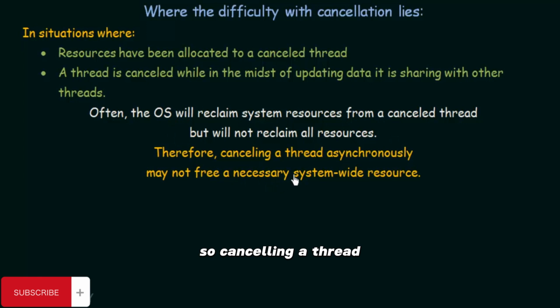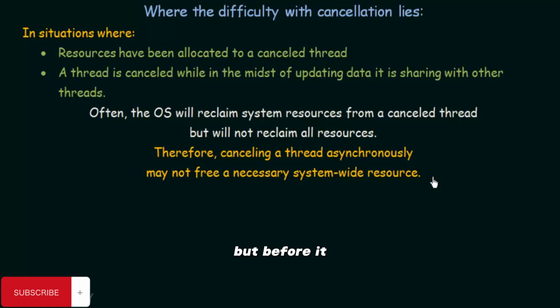So canceling a thread asynchronously may not free a necessary system-wide resource. We already discussed asynchronous cancellation. That is when a thread is immediately canceled by some other thread without any further notice. That canceled thread, or the target thread, may be holding some necessary system-wide resource. Only when the thread completes execution will it release that resource.